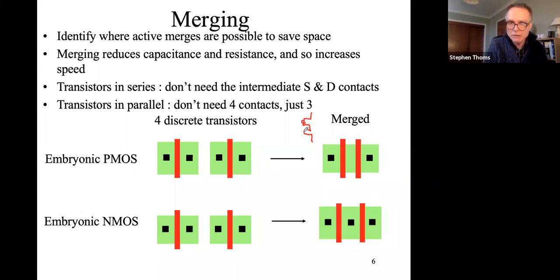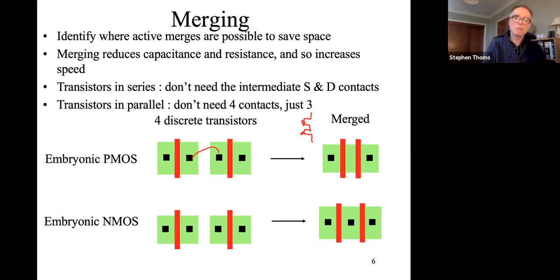The same happens to each of them. When you've got them in series, you've got your input here. So it goes through one transistor and immediately into the next transistor. So these 2 contacts here are joined together.